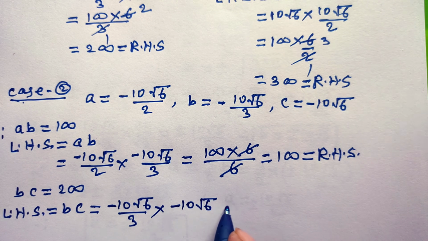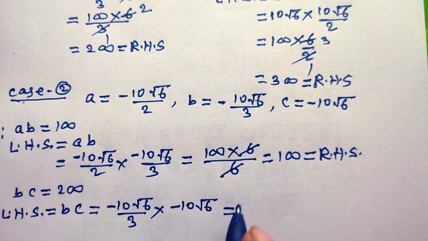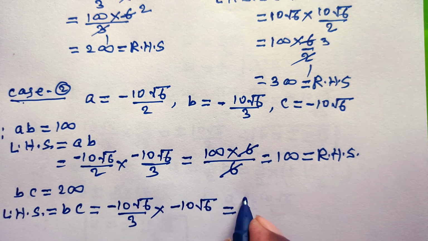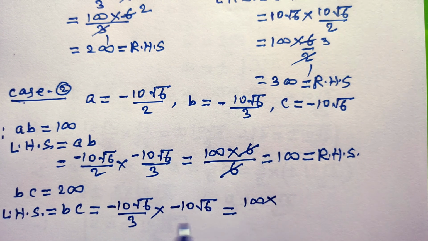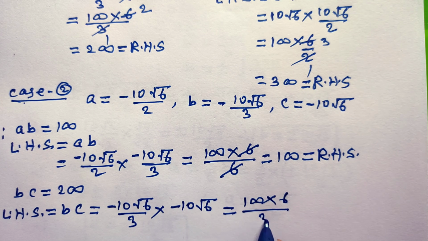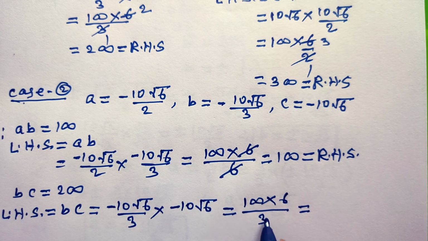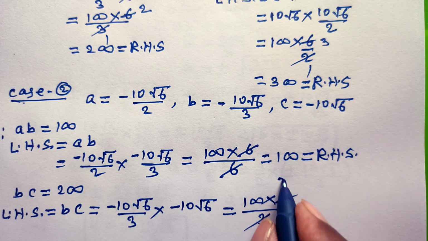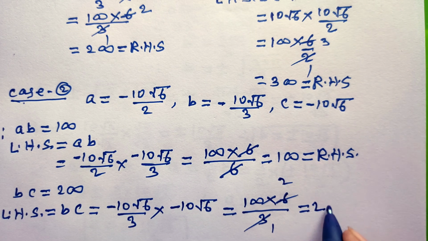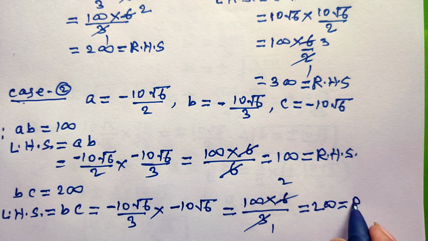So this is equal to minus into minus plus 10 into 10, 100 into square root of 6 into square root of 6, 6 divided by 3. This is equal to 3 1 ja 3, 3 2 ja 6, 100 into 2, 200, and this is equal to RHS.